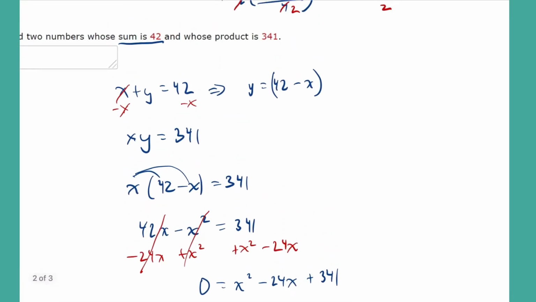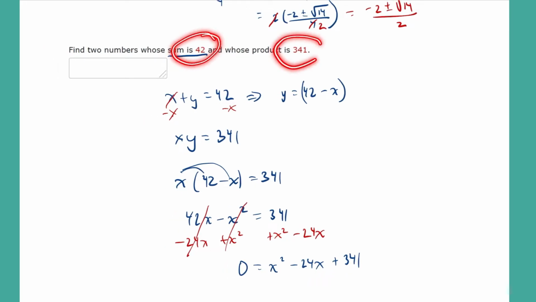So what I would recommend is just look up here and see if you can figure out which two numbers have a sum of 42 and a product of 341. So I'm going to just do some guess and check. I'm going to try 20 and 22. That's very close, but nope. How about 18 and 24? No, that's not going to work.